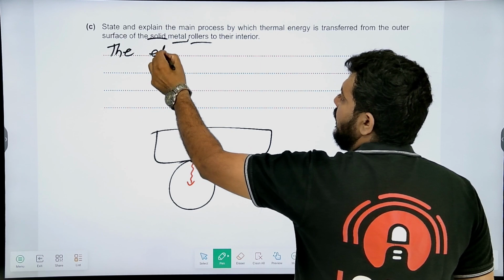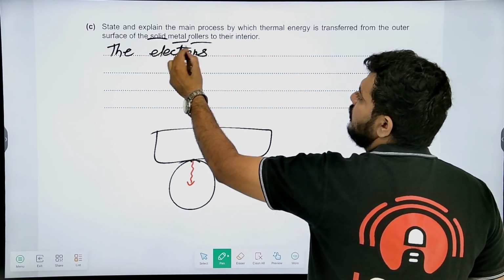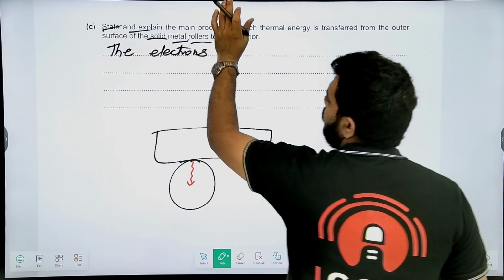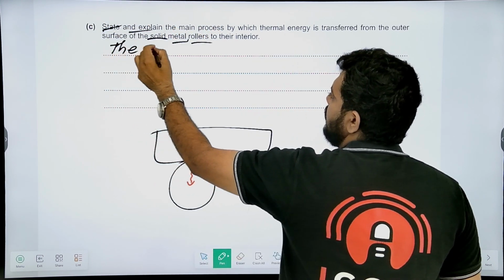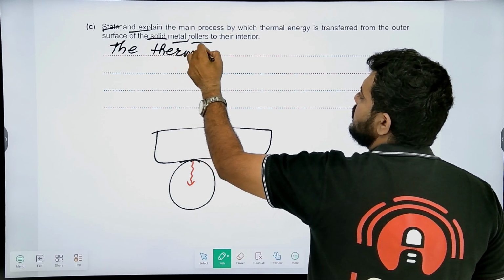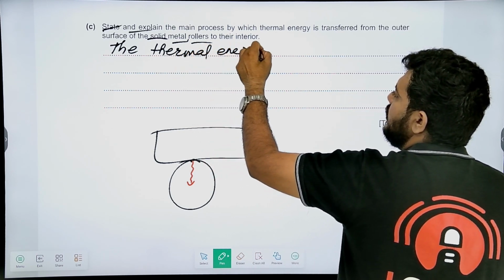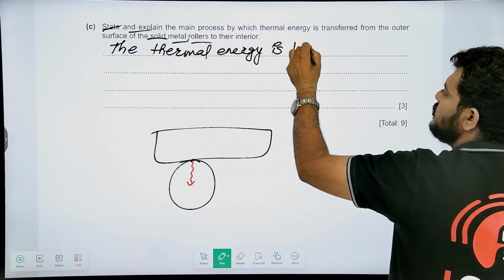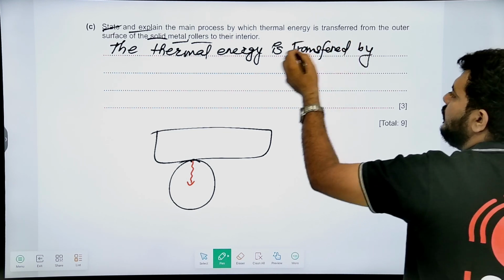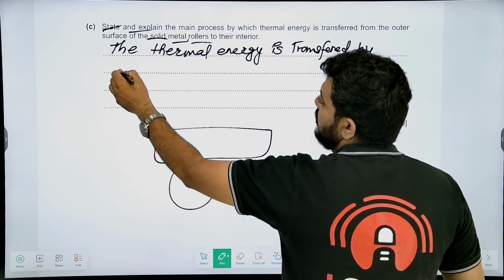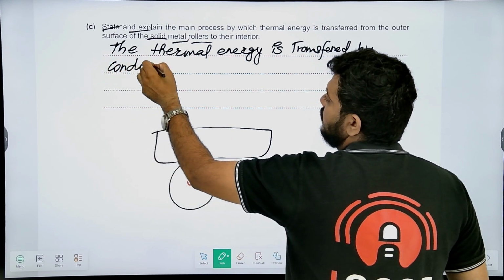The electrons, state and explain. So first, shall we state the answer? The thermal energy, let's write thermal energy in this answer. The thermal energy is transferred by conduction, right?